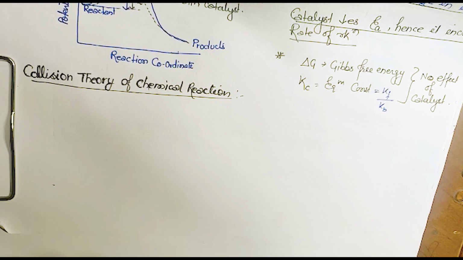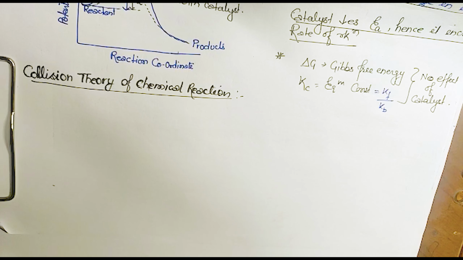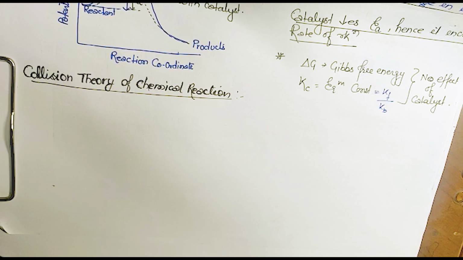Suppose we are playing a dart game and I say to hit the center only, but you throw it and it comes out of the circle. It is colliding with the board, but not in the region I said, that means where it would convert into the product. Similarly, every collision will not result in the product.